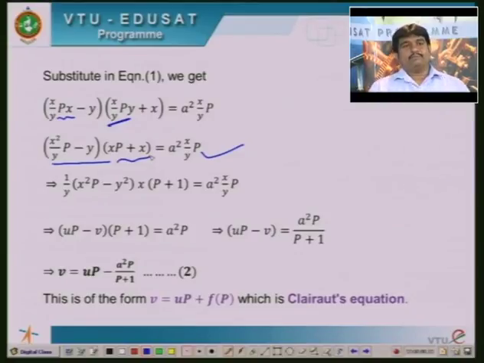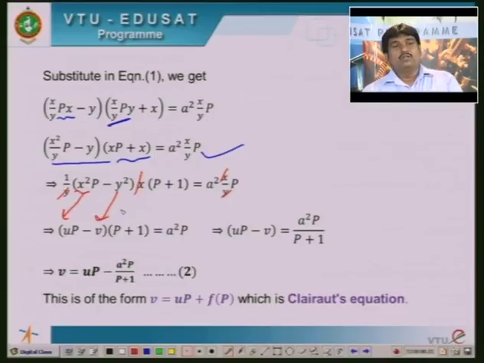Next step, I'll cancel this x by y term, cancel this x and this y here, and I'll write this x square. You know that x square is u and y square is v. So in terms of the new variables this becomes u into capital P minus v into capital P plus 1 equals a square into capital P.